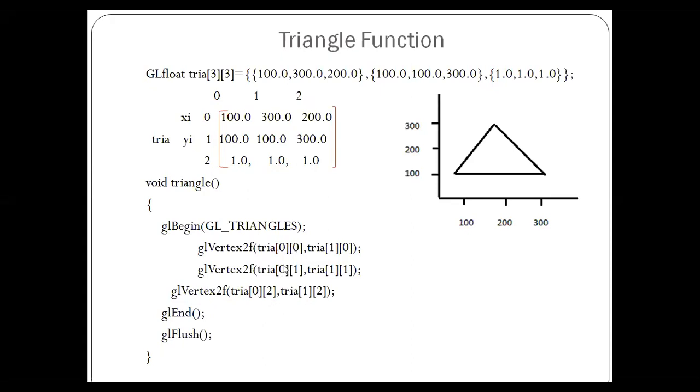These three vertices will be joined using GL_TRIANGLES, and I will get this triangle. This is the actual triangle, where the first vertex is 100, 100, the second vertex is 300, 100, and the third vertex is 200, 300.